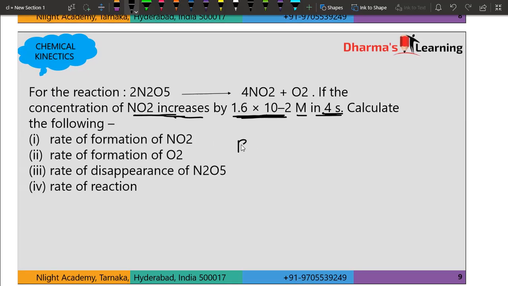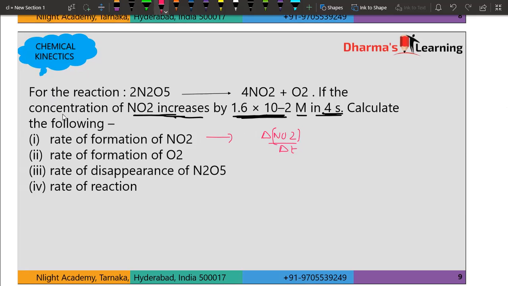So how will you write the rate of formation of NO2? It will simply be the change in concentration of NO2 divided by change in time. This is the rate of formation of NO2. Why am I not representing a minus symbol here? Because it is a product, so for a product we will not write the minus symbol. This value will be positive.